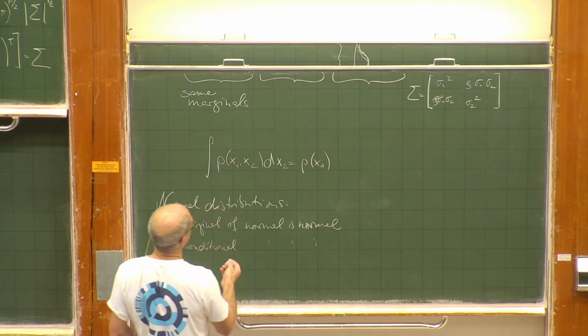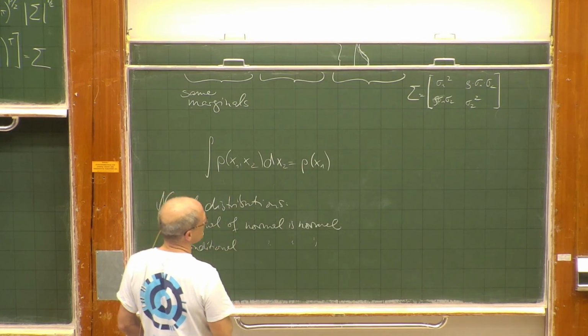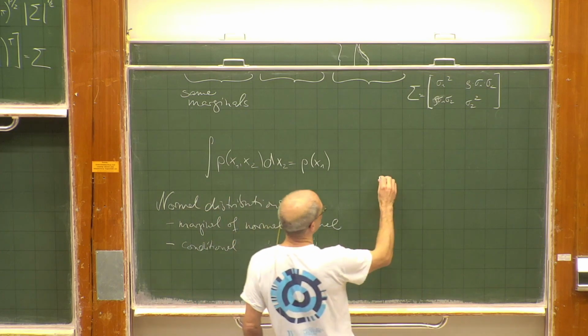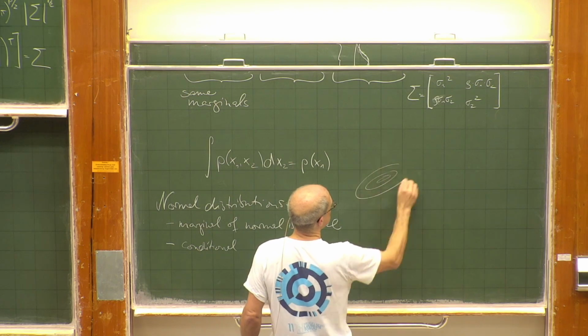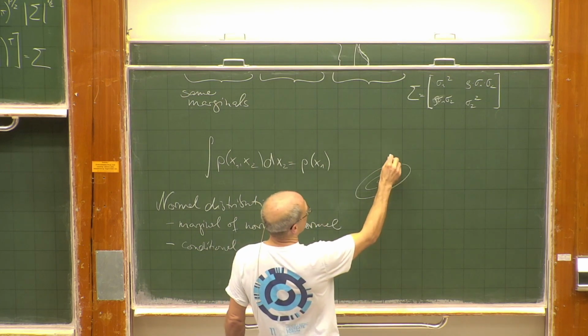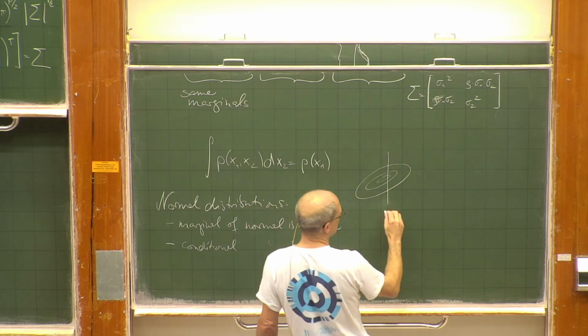So conditional distribution means that if we clamp one of the two to a specific value. So let's say we have some Gaussian distribution. And now I'm clamping, for example, x1, and then I'm left with a random variable.